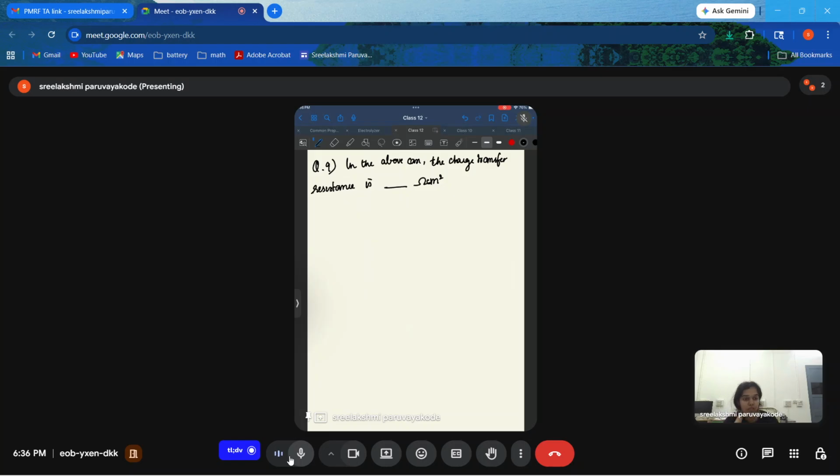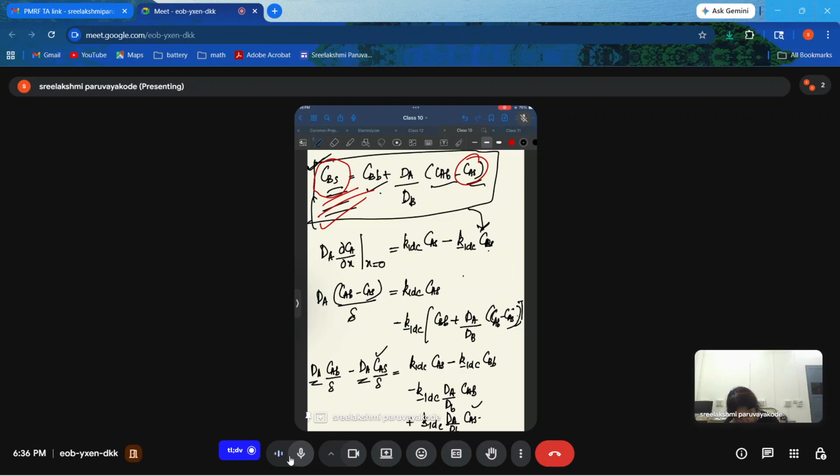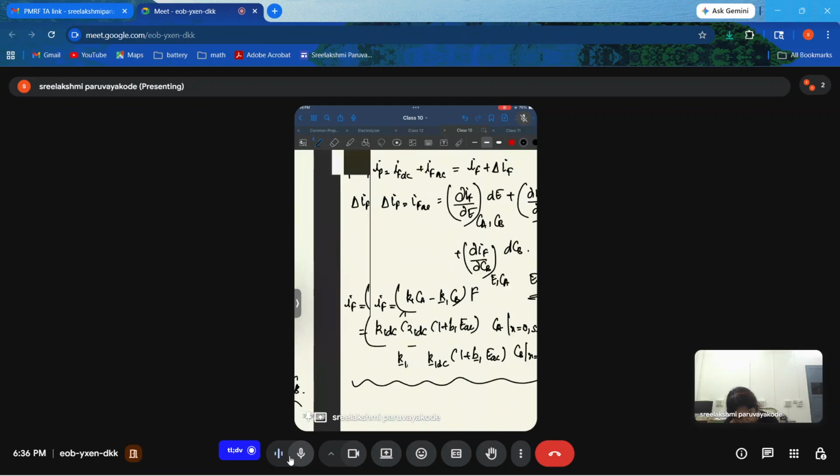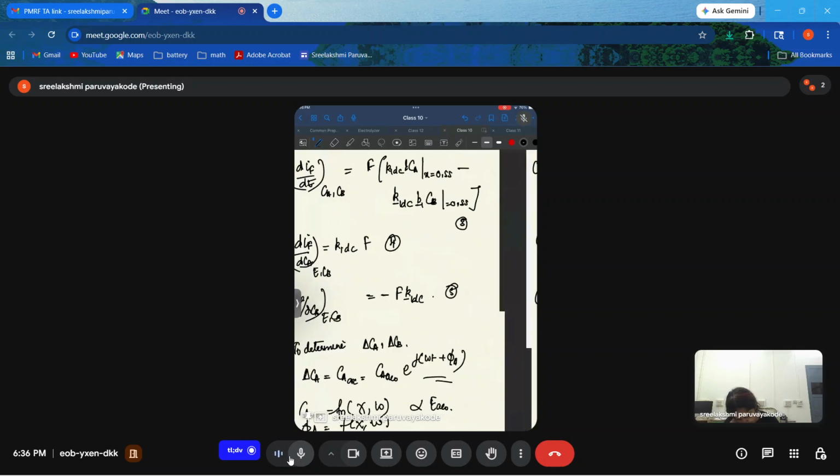Yeah, so you have to find out the charge transfer resistance. So what is the expression for charge transfer resistance? Have we written that explicitly here? Let me see.